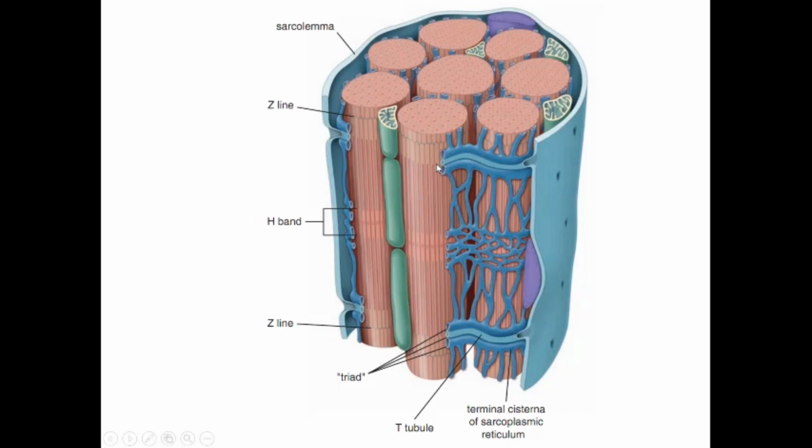At the boundary of these two bands, the transverse tubule runs deeply into the muscle cell. On both sides also we have a terminal cistern. So we can say each sarcomere of the skeletal muscles has two transverse tubules on both sides of the A band.